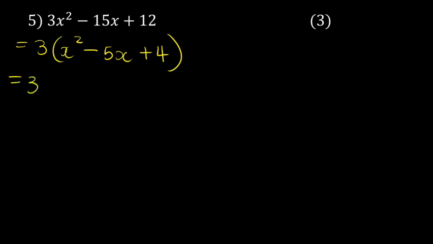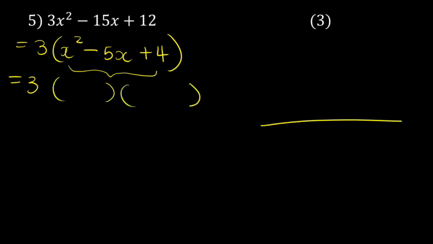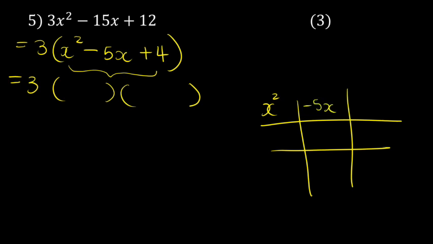Right, so I'll have the 3, and now I have to deal with this trinomial. So I can open the two brackets there. Guys, I don't have to use this diagram because I think it's quite straightforward, but I'm just going to do it just in case you still want to learn it.